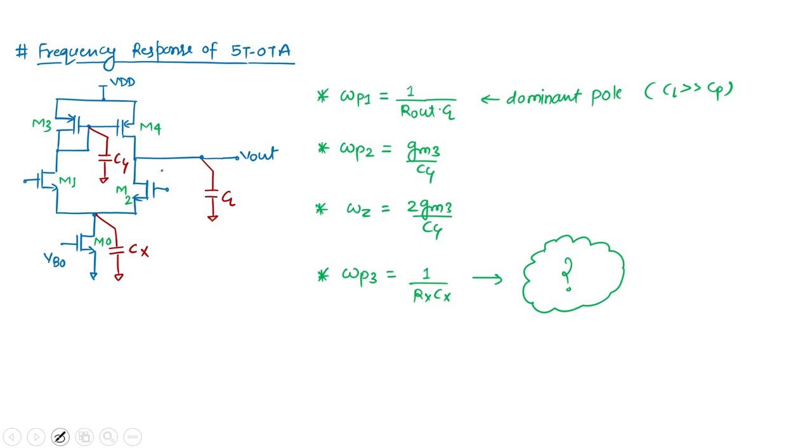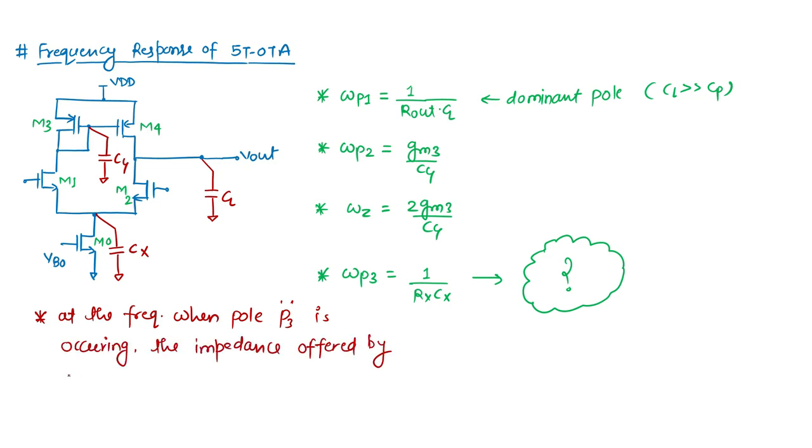Let at the frequency when my pole P3 is occurring, the impedance offered by caps CL and Cy is much smaller.